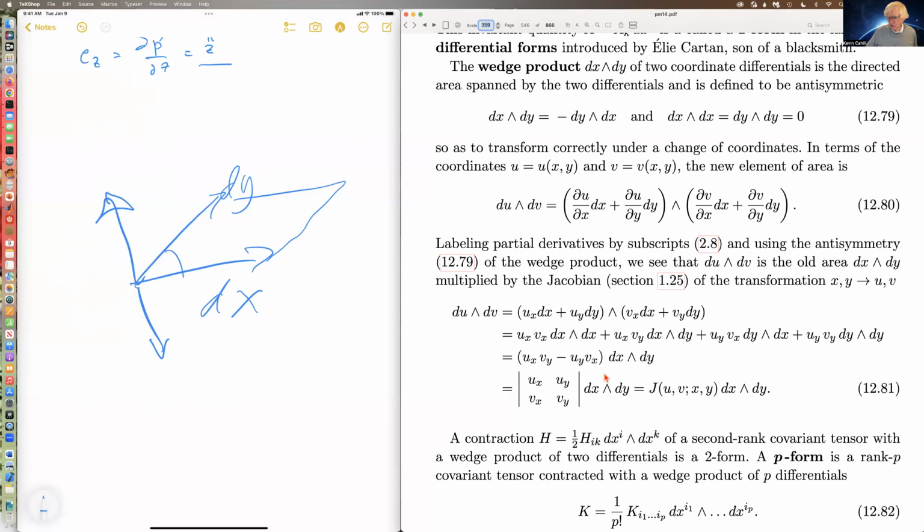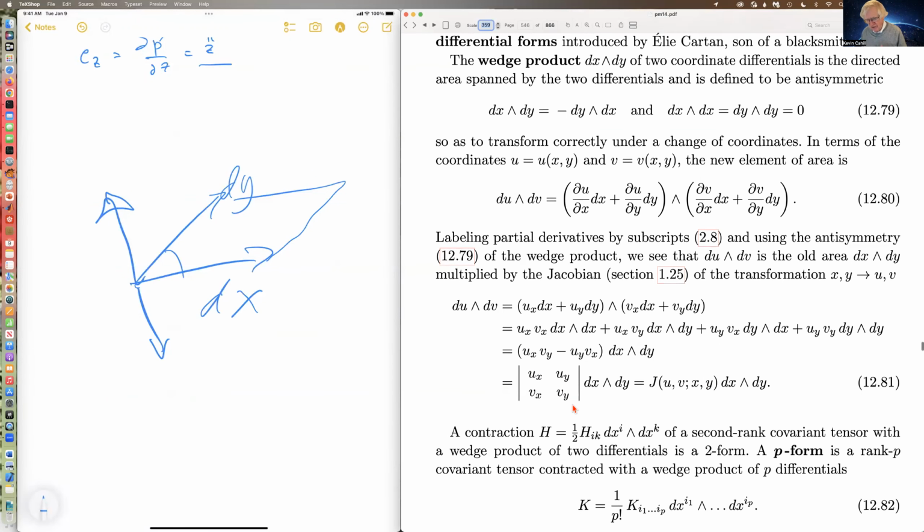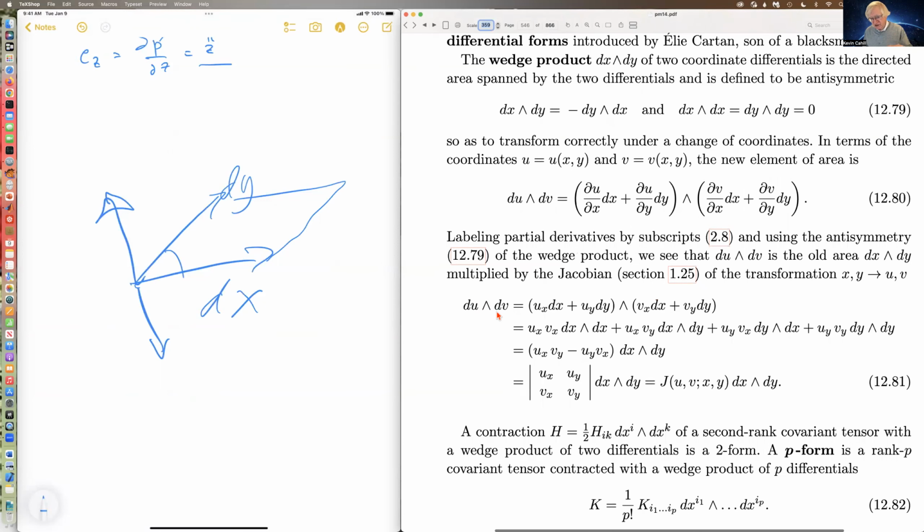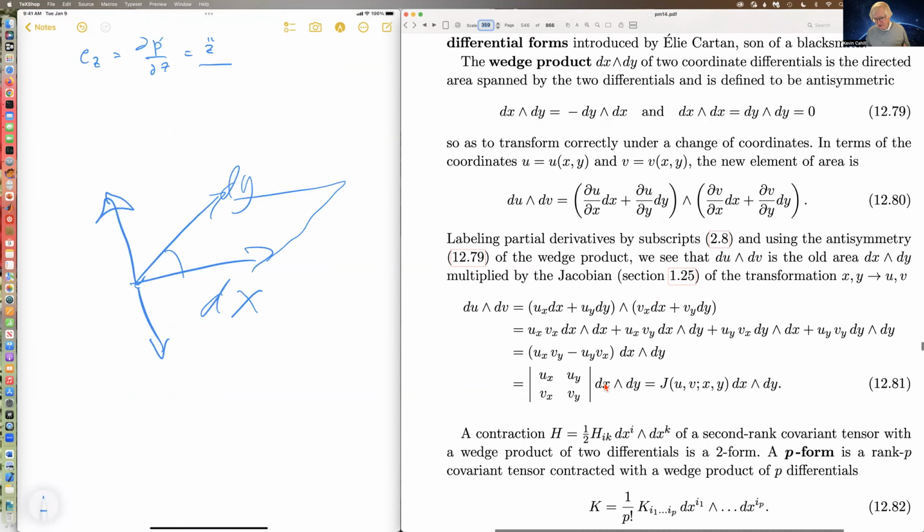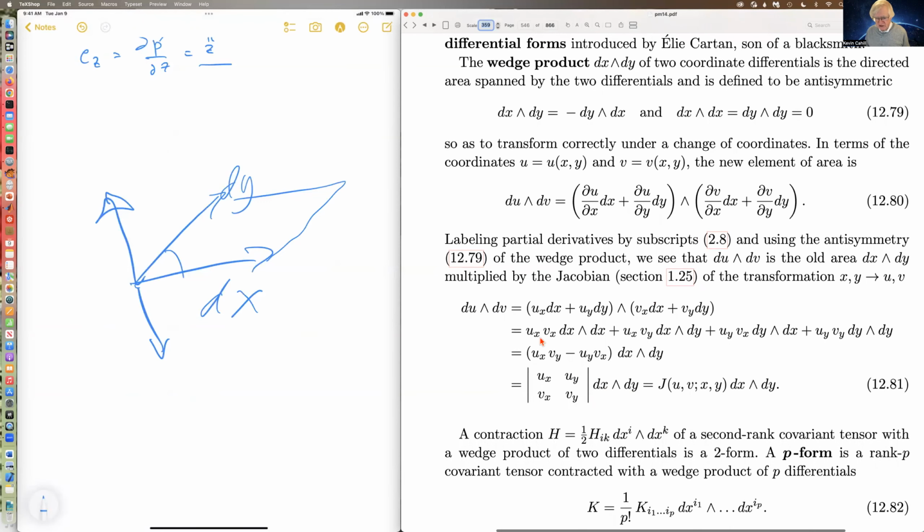And this is, in fact, what we learned way back in chapter 1, namely that if you change coordinates, the area transforms like the Jacobian, which is the determinant of the matrix of derivatives. So it's partial u over partial x, partial u over partial y in the top row, partial v over partial x, partial v over partial y in the bottom row. And the directed area du wedge dv then is this determinant times the directed area of dx wedge dy.